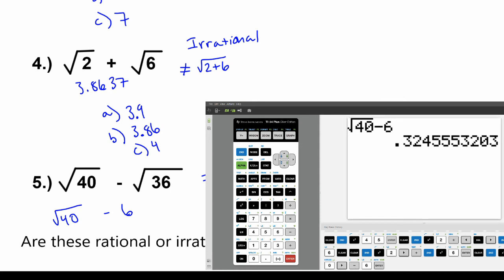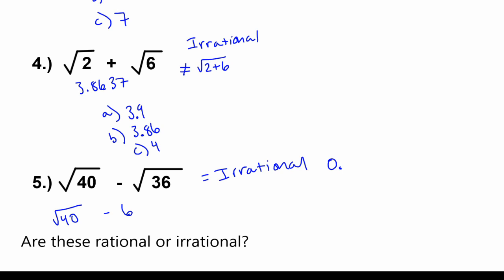Yeah, only by a little bit, right? 0.3245. So rounding to the nearest tenth, 0.3, to the nearest hundredth, 0.32, and to the nearest integer, the nearest whole number, well, that's going to round down to 0.